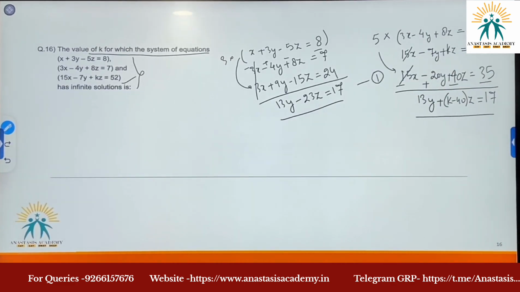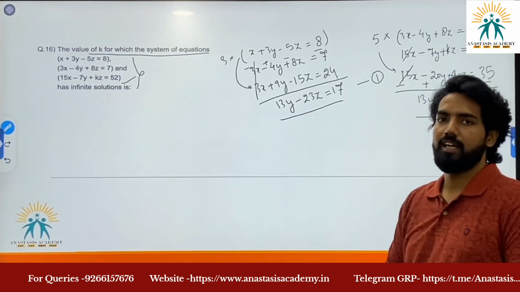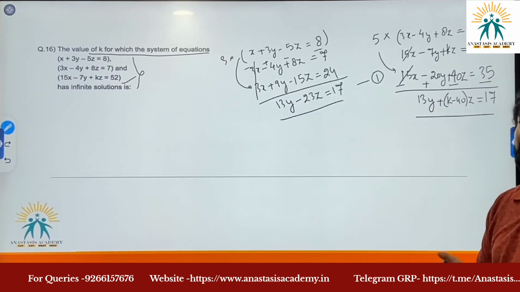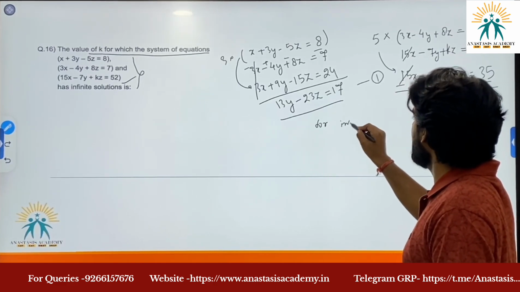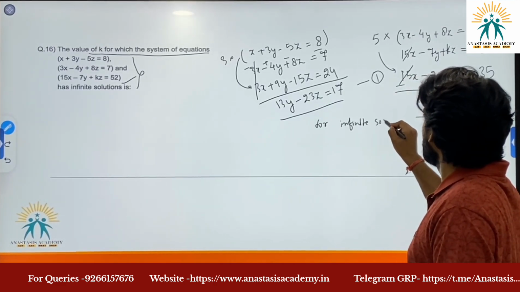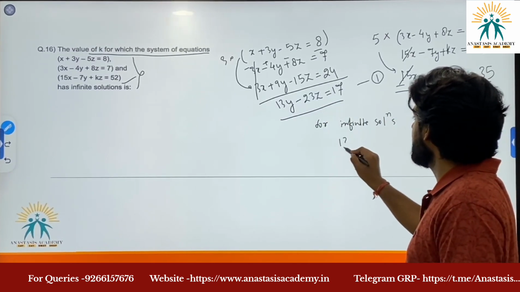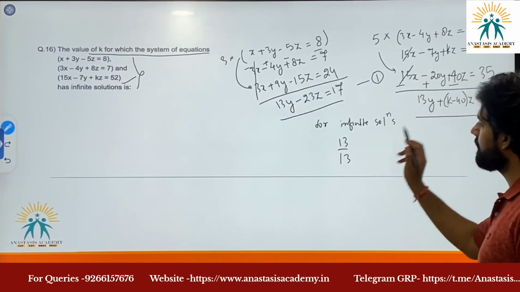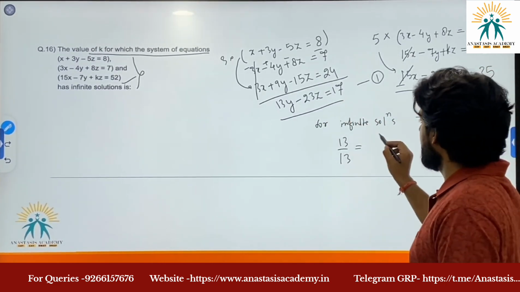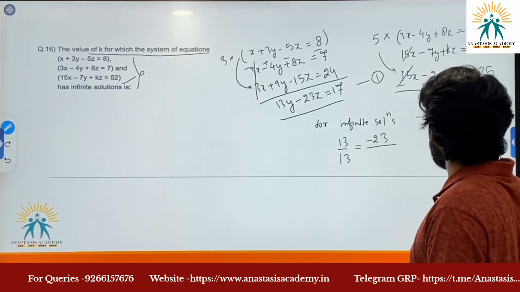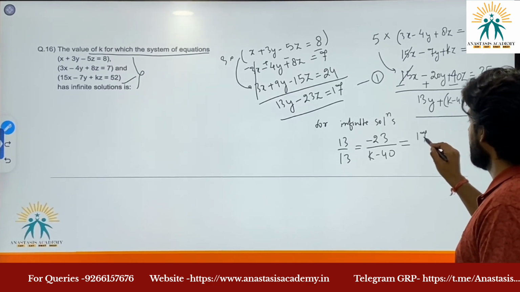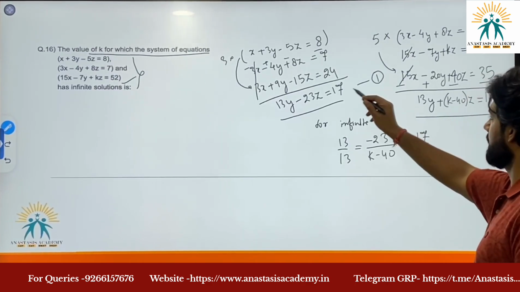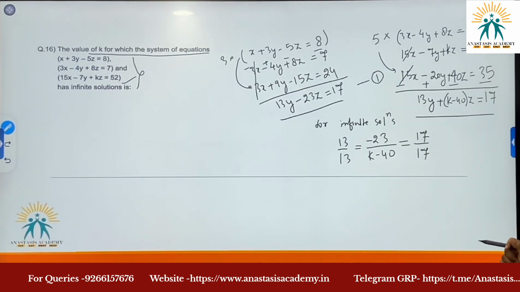For these two equations to have infinite solutions, the coefficients of all the variables and the constant term must be proportional. So the condition is that 13 upon 13, the coefficient of y, must be equal to -23 upon k - 40, the coefficient of z, which must be equal to 17 upon 17, the constant term.